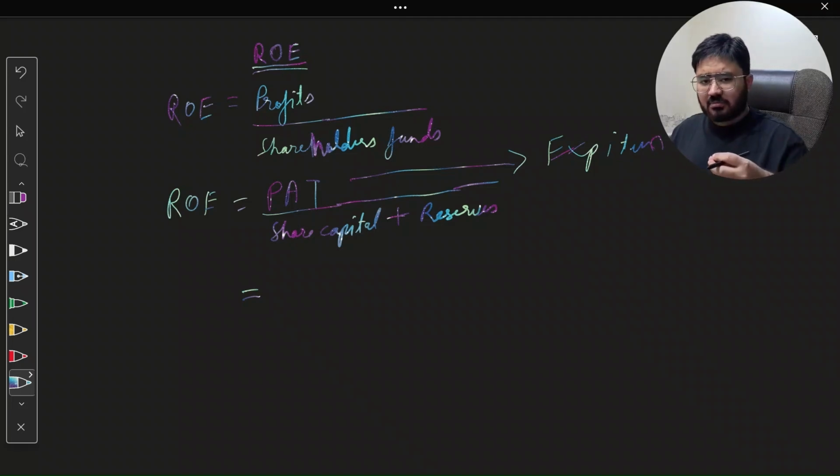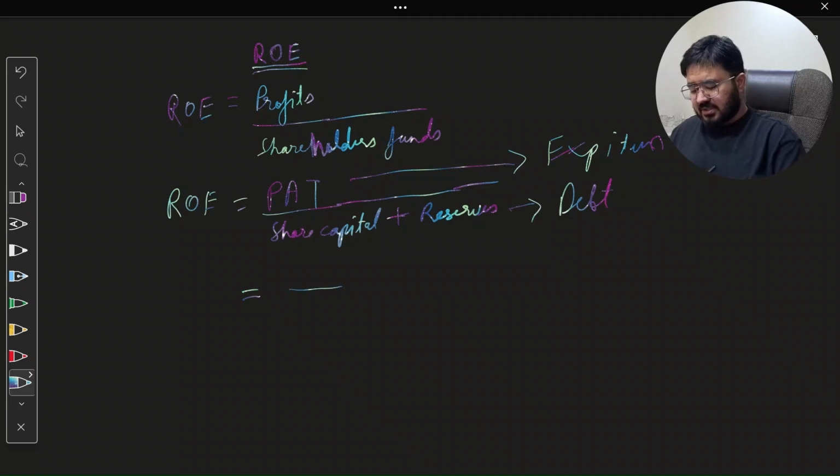It could be from an asset: the company has sold one of its assets, so the earnings from that sold asset come into the profit. And one famous example for share capital and reserves is, of course, debt. The company takes debt which it actually doesn't need. In both cases, ROE could increase.